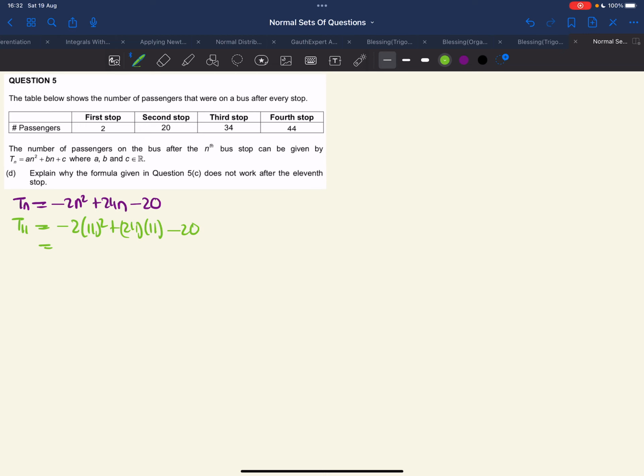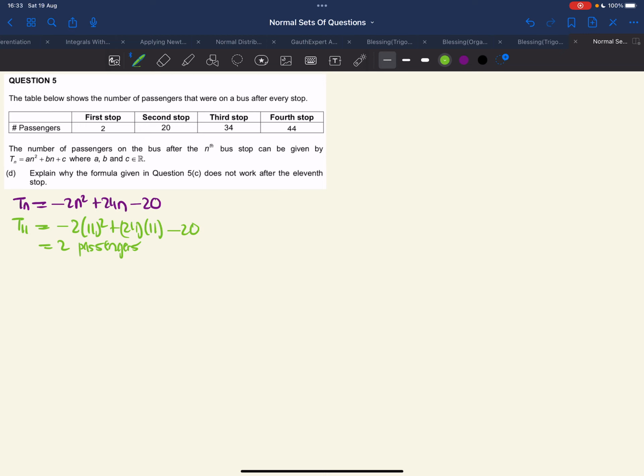After the 11th stop, in the 11th stop, we get two passengers, right? Yes, in the 11th one, we get two passengers. Let me just quickly check that again. Minus 2 times 11 squared plus 24 times 11 minus 20. Yes, you do get two passengers.